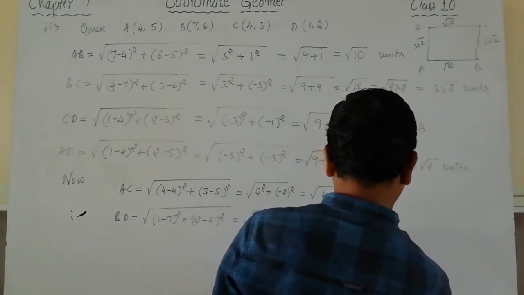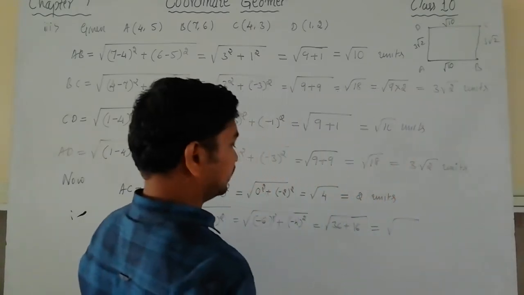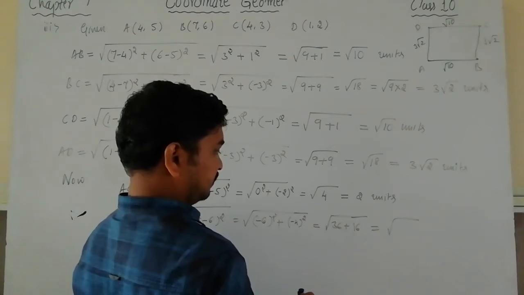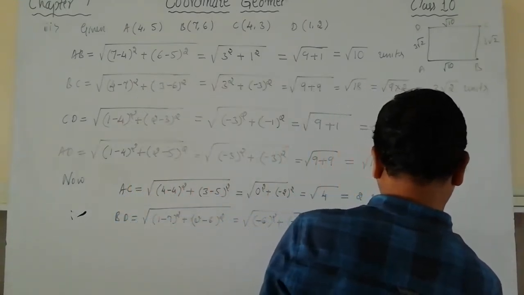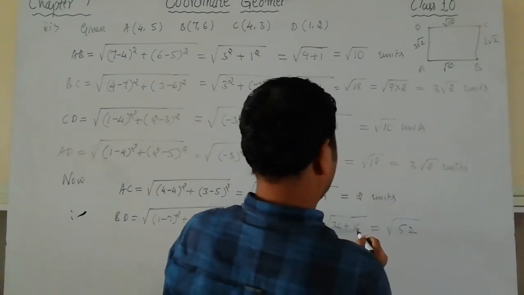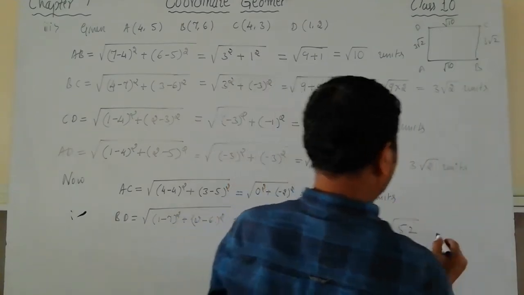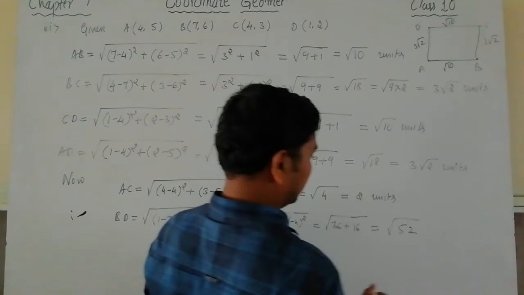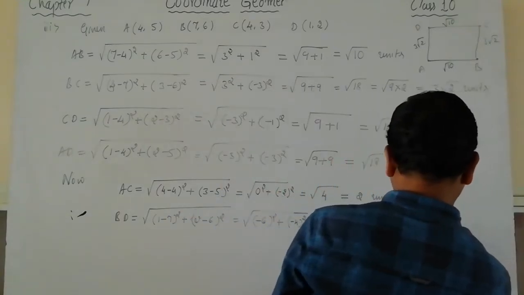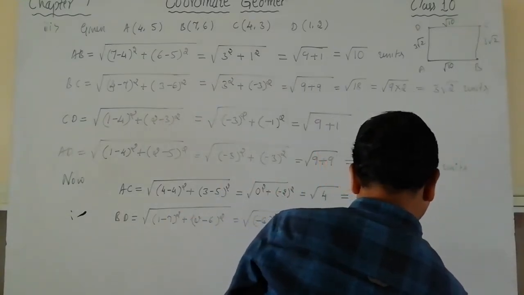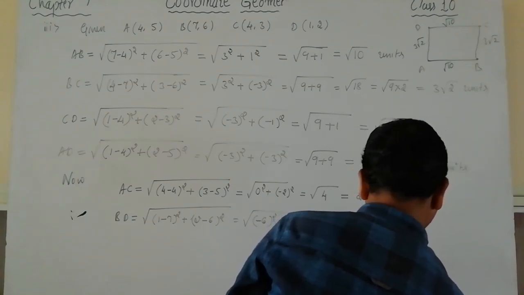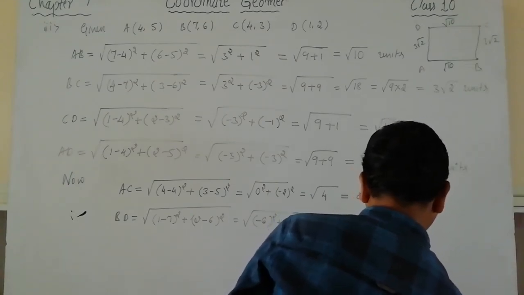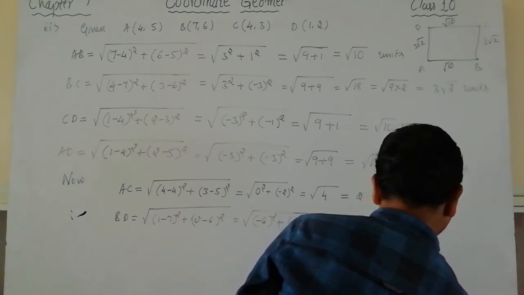On adding these we get 52, which you can write like this: square root of 4 into 13, so that's 2 root 13 units.